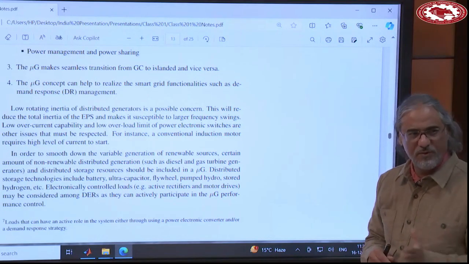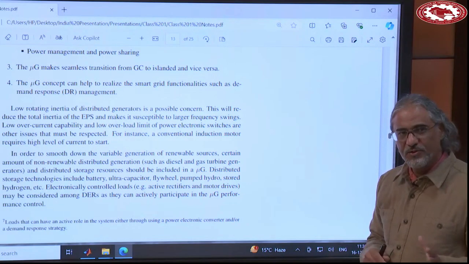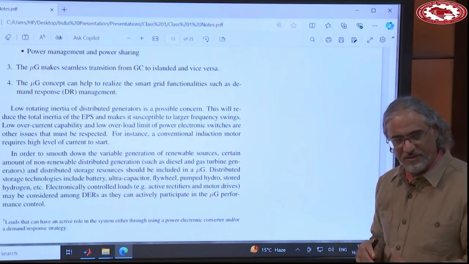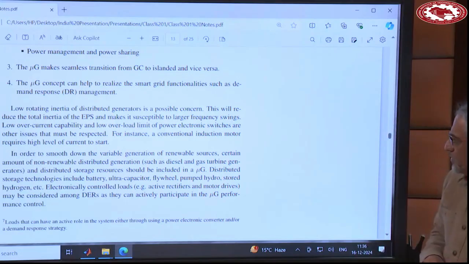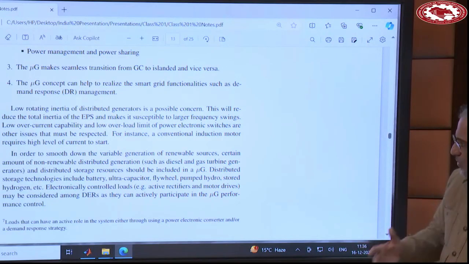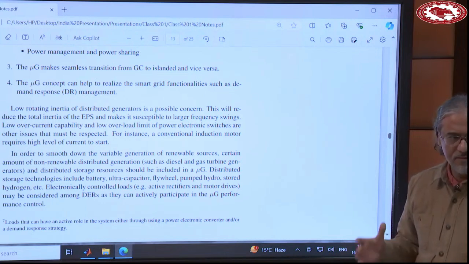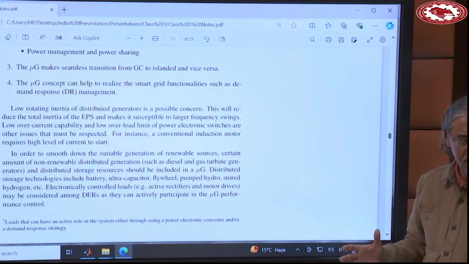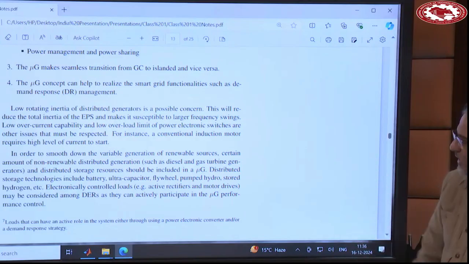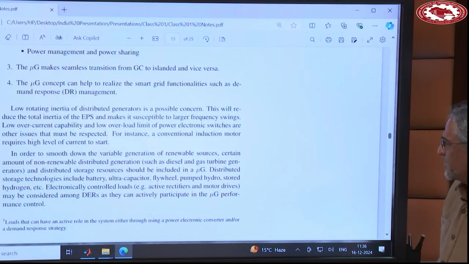It goes through power electronics. So the kinetic energy is lost somewhere in between during this process. A power grid based on a huge amount of distributed energy resources will not have that kinetic energy or inertia. That's one aspect which has been concerning for a lot of researchers in this area.